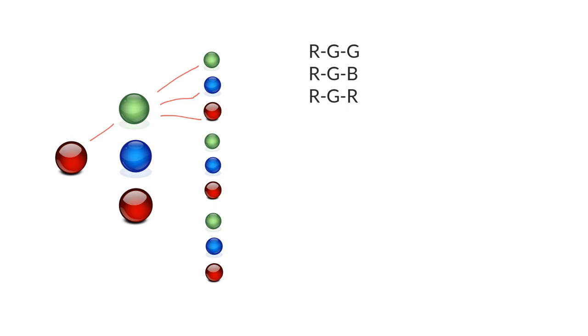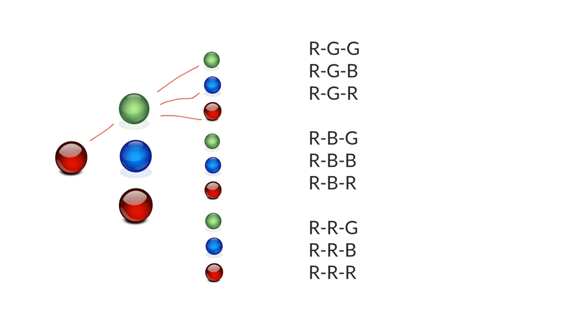And then I would move down here and I would have red, blue, green, red, blue, blue, and red, blue, red. And finally, last thing, red, red, green, red, red, blue, and red, red, red.